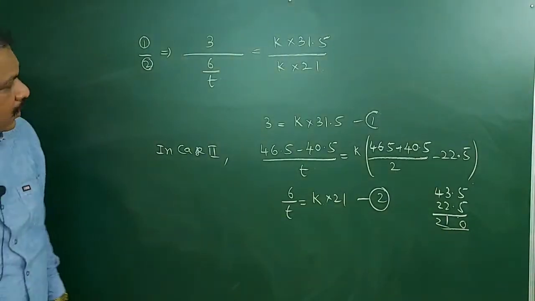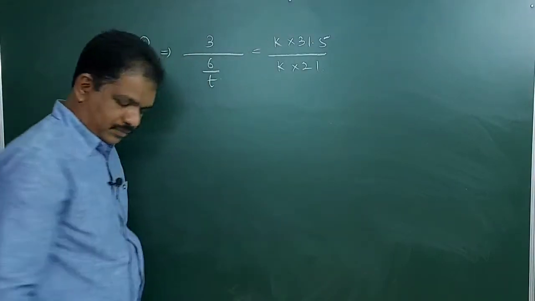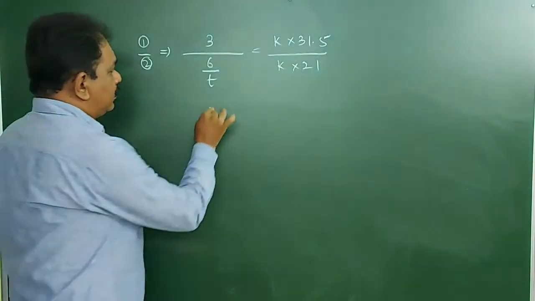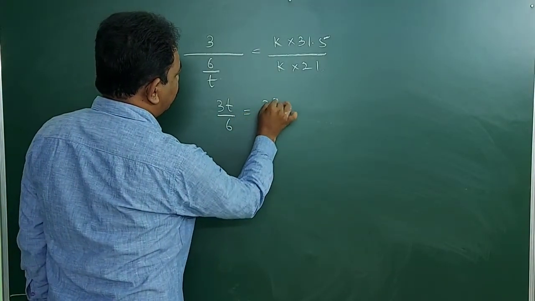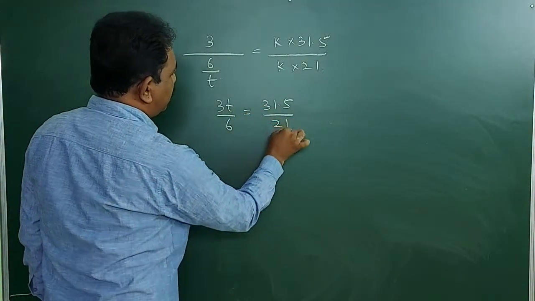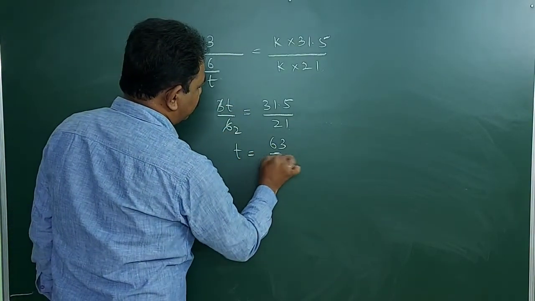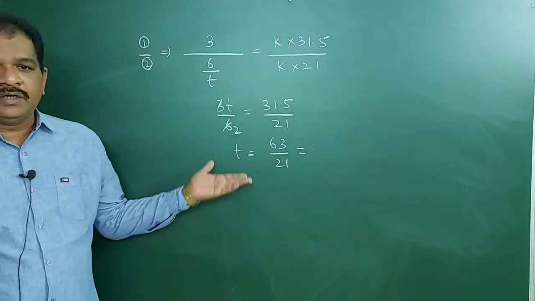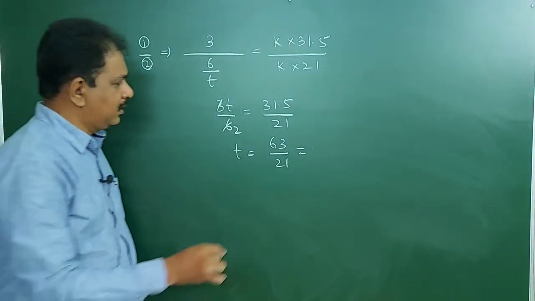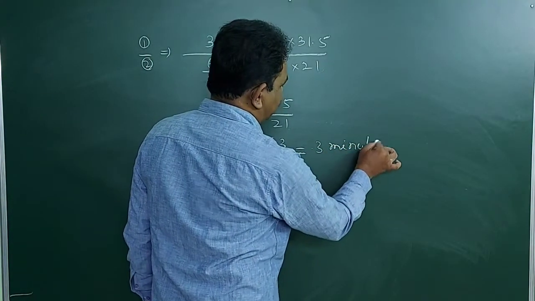Then 3T by 6 is equal to 31.5 by 21. T is equal to 63 by 21, 21 3's are 63, so this value will be 3 minutes.